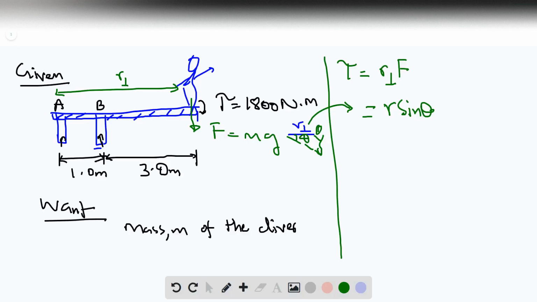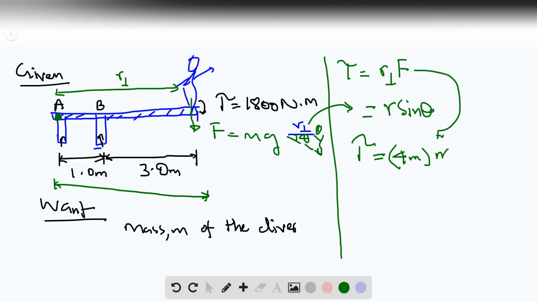And so torque becomes, in this particular case, the total distance from this edge A up until that edge, because we're computing the torque around A. So it becomes the total distance, which is 4 meters. So r perpendicular is 4 meters, and then we have to multiply that by the force itself, which is the mass times the acceleration.